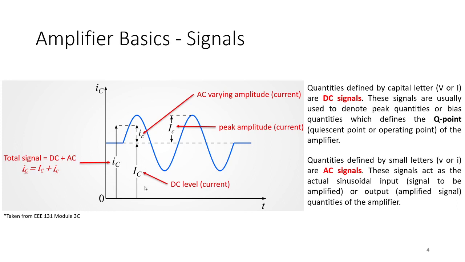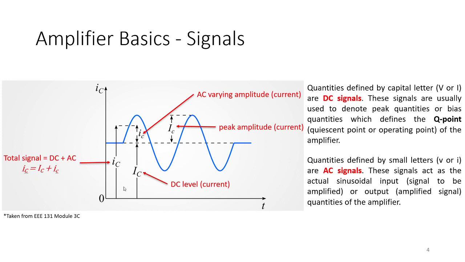When we consider small i with a small subscript, for example small i, small c, this is the varying amplitude, the pure AC signal, which has no DC offset. Now, if we change the subscript to a capital letter, this is the AC plus the DC offset of the signal.